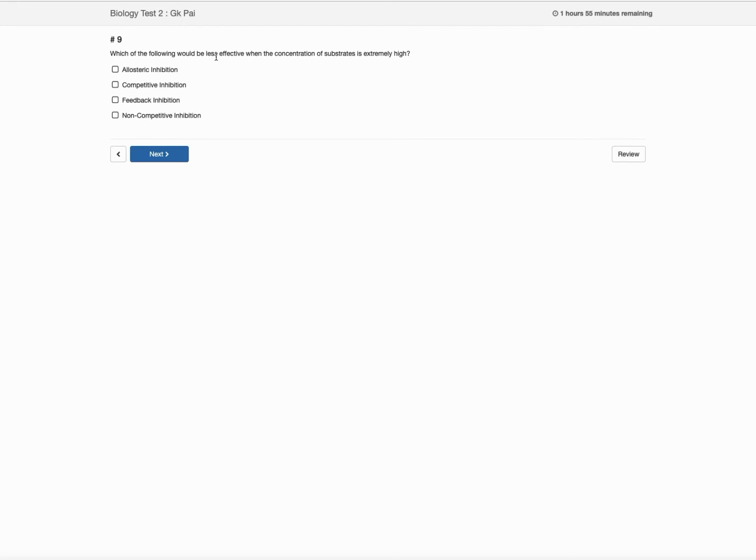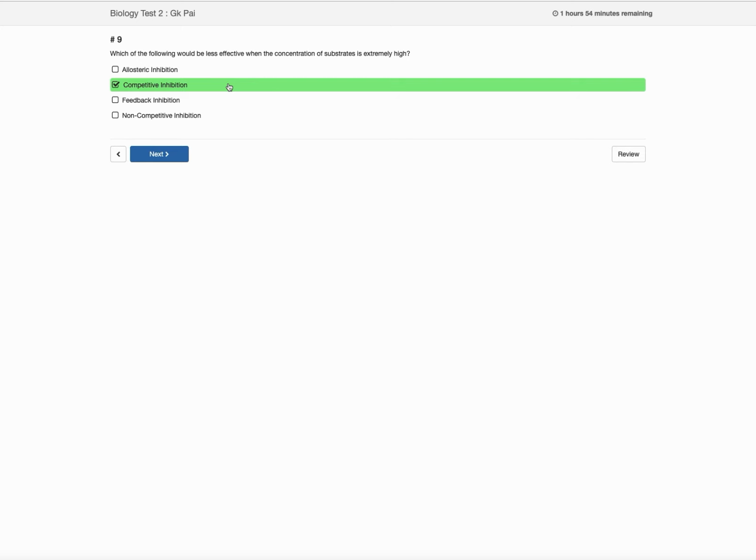Which of the following would be less effective when the concentration of substrates is extremely high? This one is actually competitive inhibition, because competitive inhibitors bind to the active sites of enzymes and basically stop them from doing what they're supposed to.